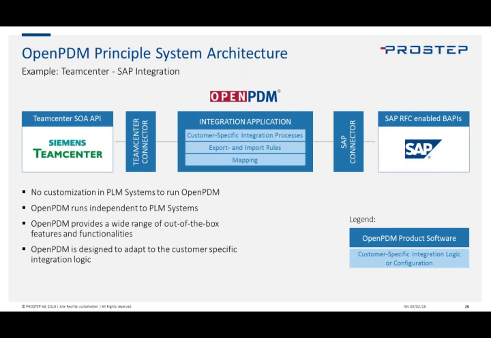So overall, the OpenPDM architecture looks kind of like this. In this case, we have a Teamcenter and SAP integration, and you'll have the Teamcenter server. We use this Teamcenter SOA API, but then also we use other Teamcenter CAD integrations for getting CAD data in and out.